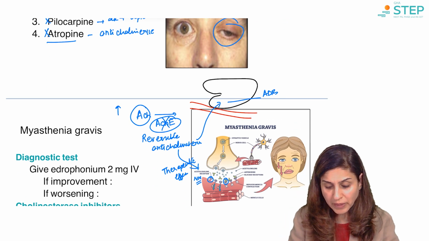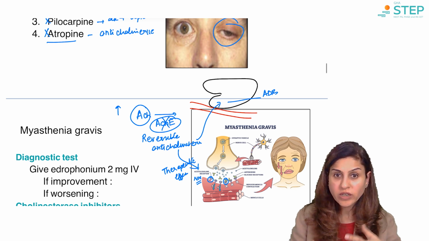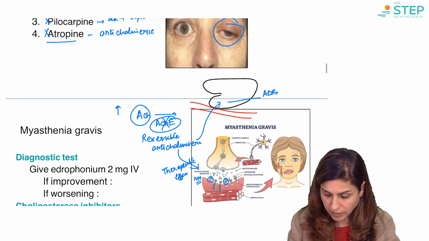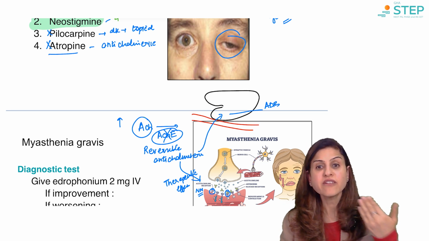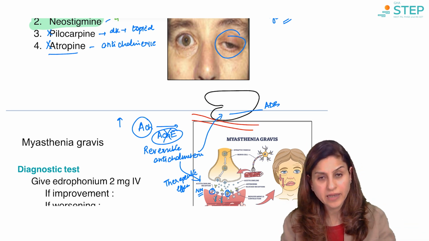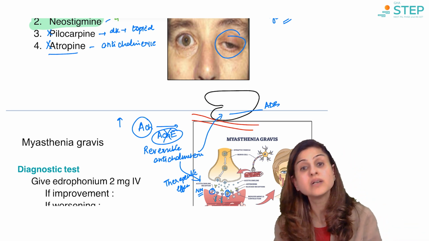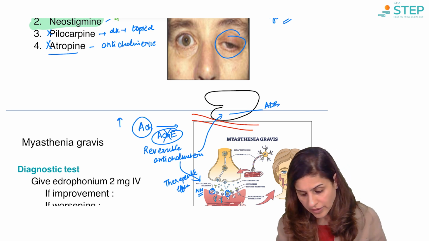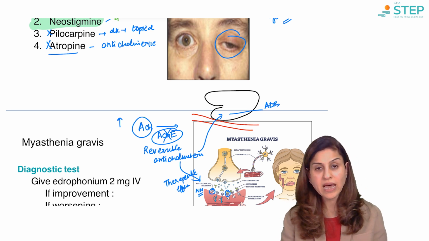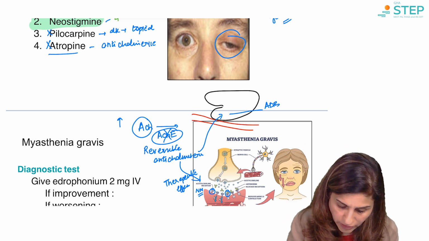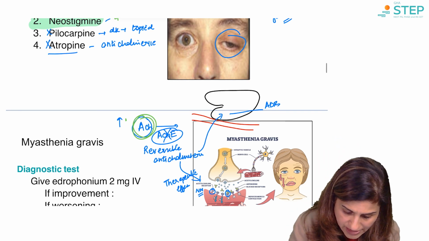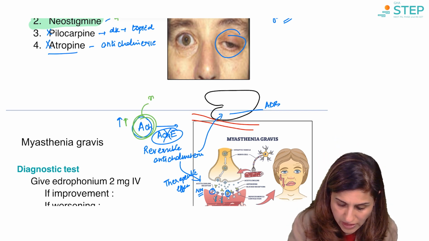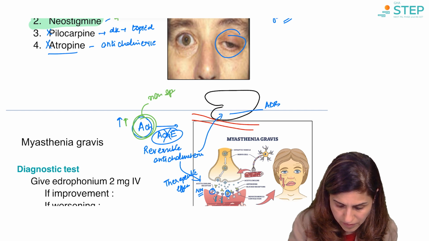Now, atropine is also given along with neostigmine, because it will prevent the effects of neostigmine on other areas. We only want the effect on the neuromuscular junction, right? But sometimes when you give neostigmine, it will increase the levels of acetylcholine, and acetylcholine is non-specific in nature.